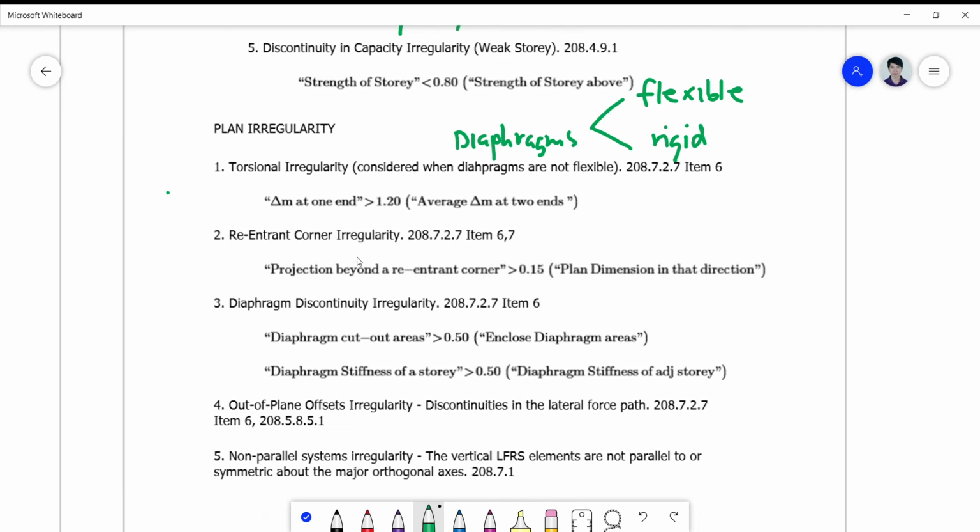Okay, so if you have basically two buildings here, and the earthquake is moving back and forth like this, the ends that you are referring to are these two ends here. Because this end and this end here will just move the same if this is rigid, okay?